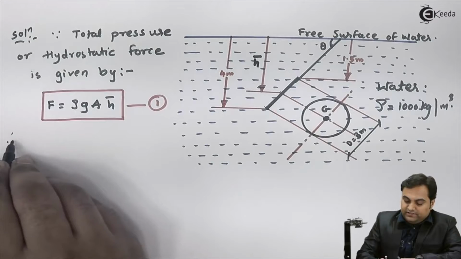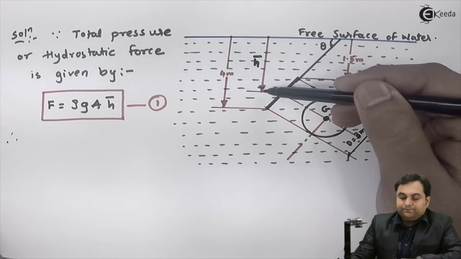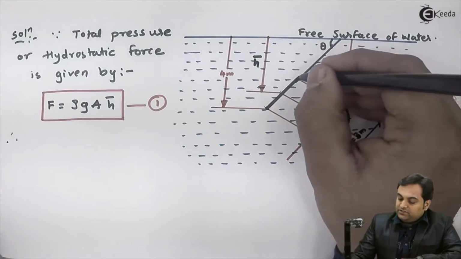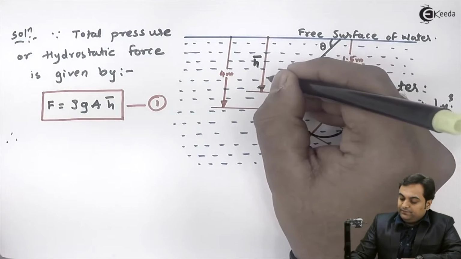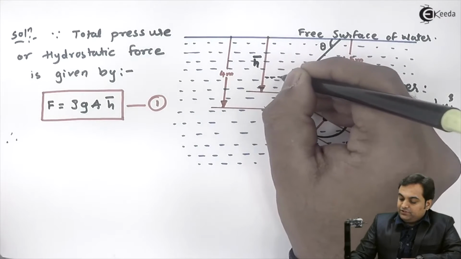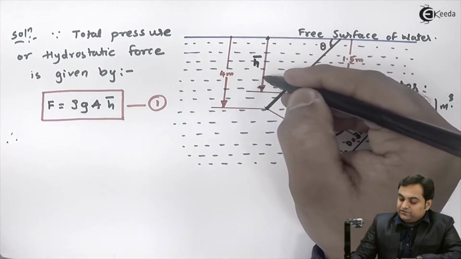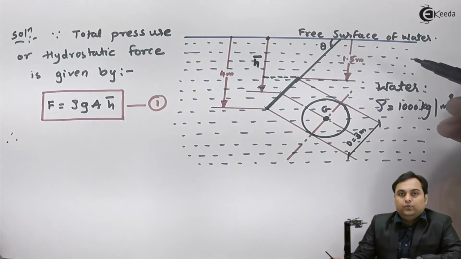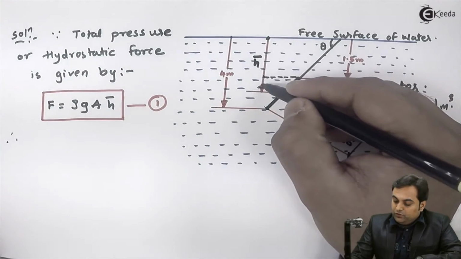After this, I'll say that therefore, now as we see here is H bar, we can say that this 1.5 meter distance up to this height, if I project it by a dotted line. This much distance from the free surface till this dotted line, that is 1.5. This distance we know. Now the only unknown here is this small vertical distance.